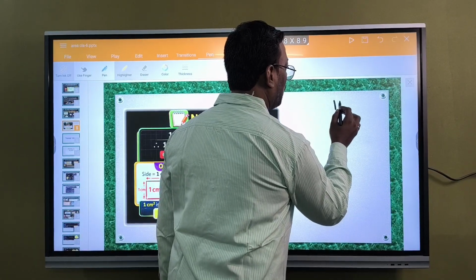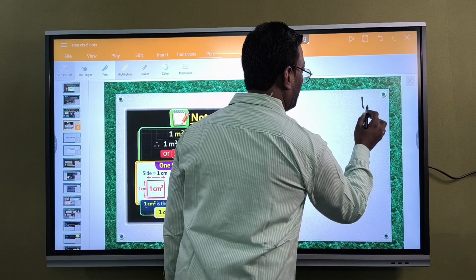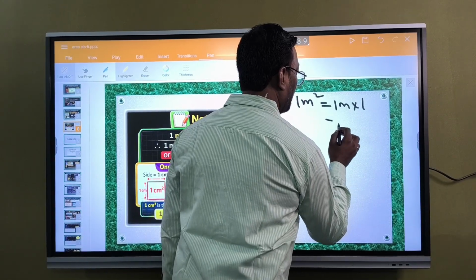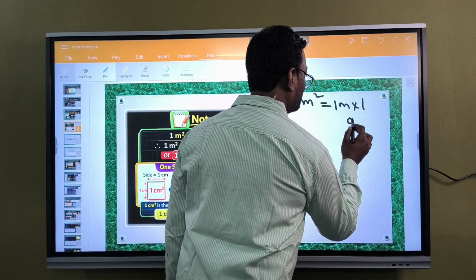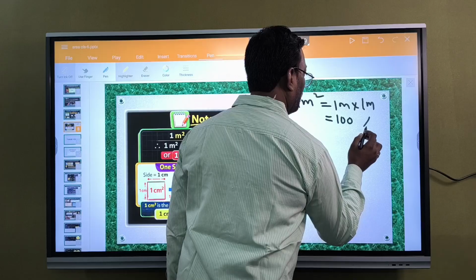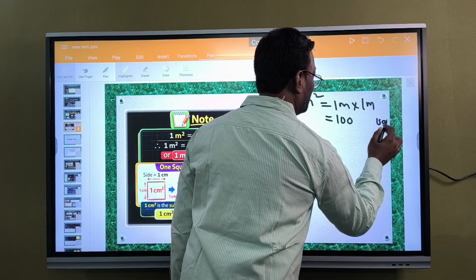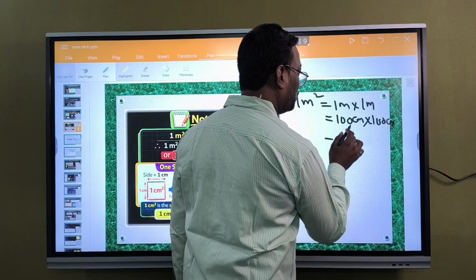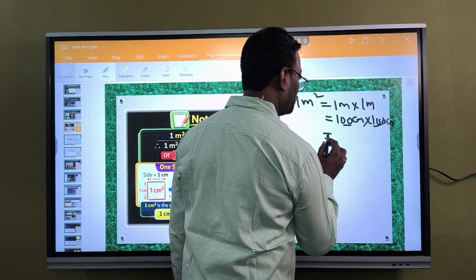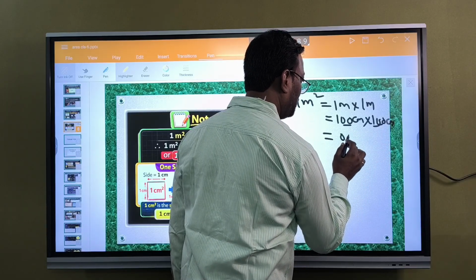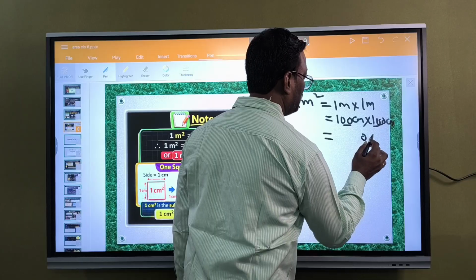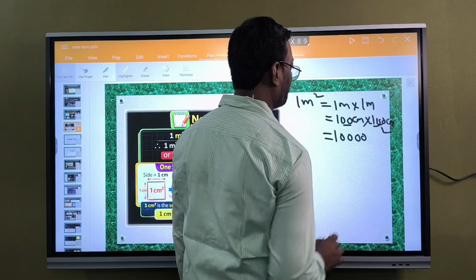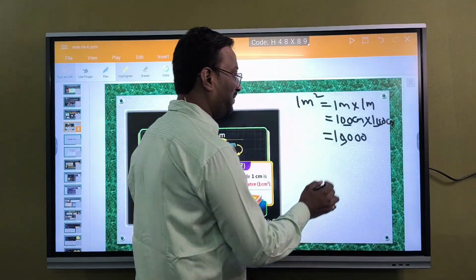That is 100 centimeters into 100 centimeters, which is 1 followed by 4 zeros, 10,000 centimeter squared.